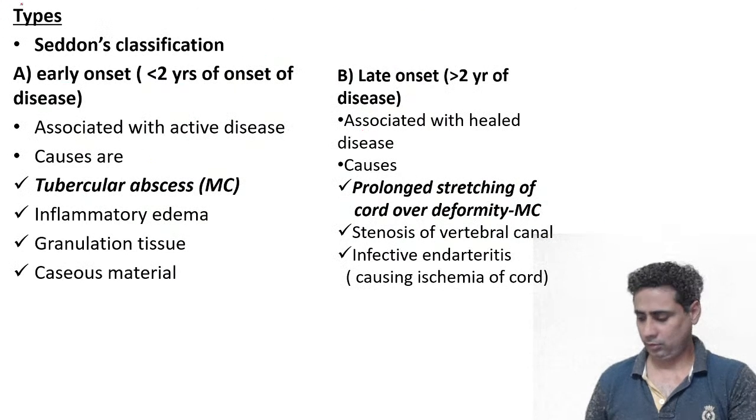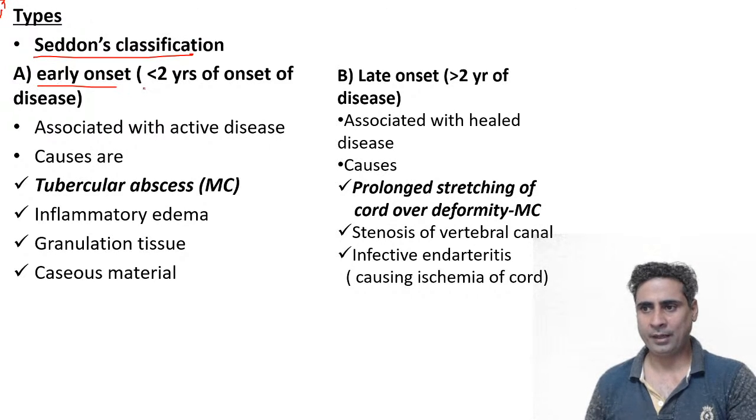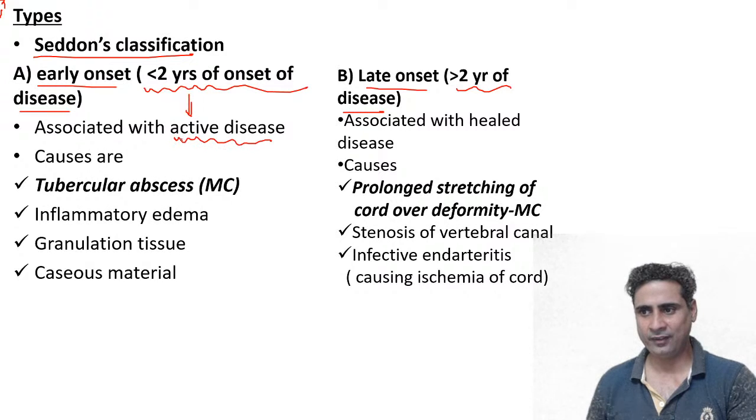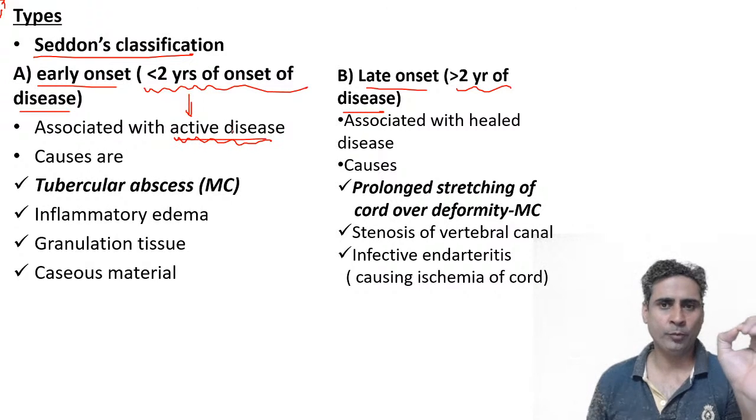Seddon classified this paraplegia into two types. Early onset, where paraplegia occurs within 2 years of disease onset, and late onset, where paraplegia occurs after 2 years of disease onset. This early onset paraplegia is associated with active disease, that is, active tubercular infection is present.